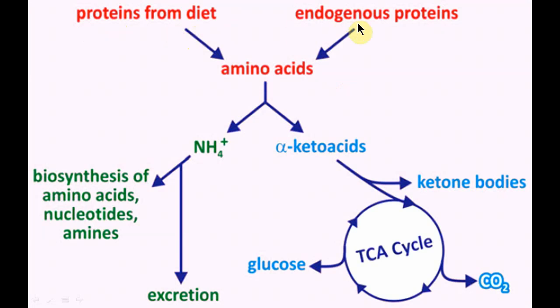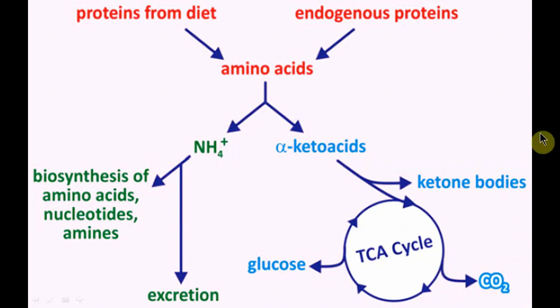Proteins from the diet and endogenous proteins, after digestion and absorption, lead to amino acids. The first step in amino acid catabolism is the removal of the amino group as ammonia, and the remaining alpha keto acid, the carbon skeleton, forms ketone bodies, glucose and carbon dioxide.